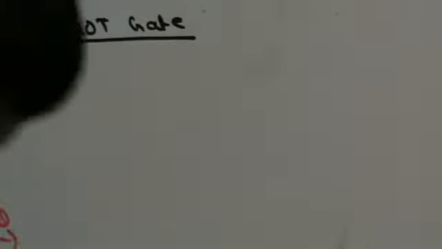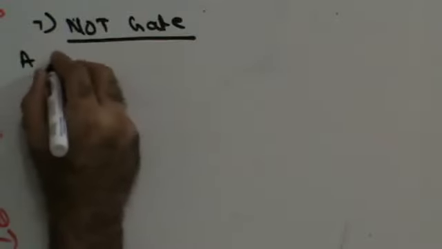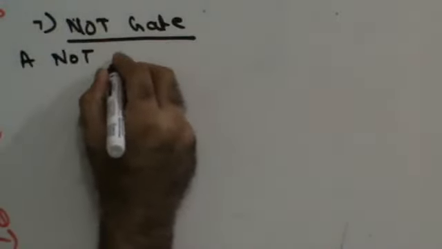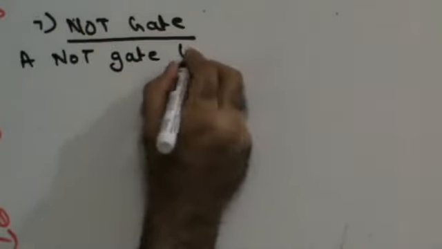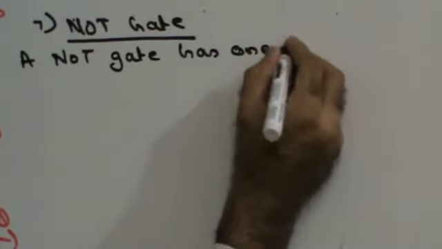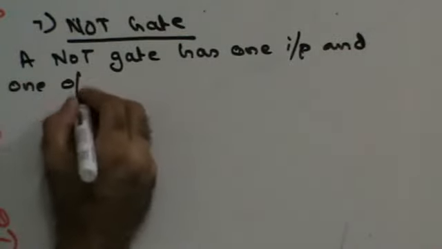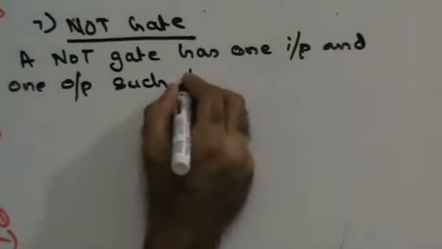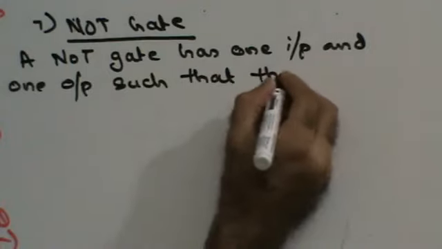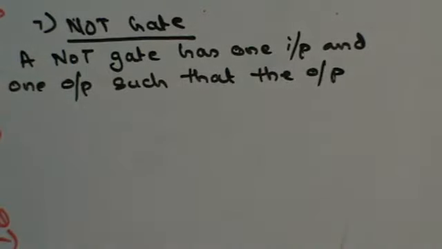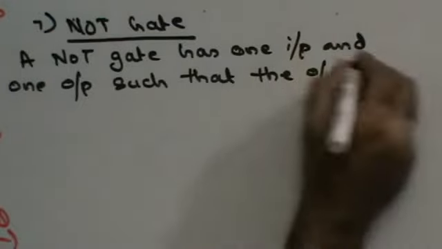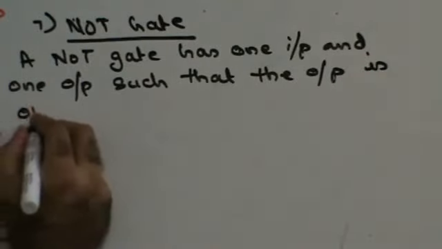A NOT gate has one input and one output, such that the output is opposite of the input.